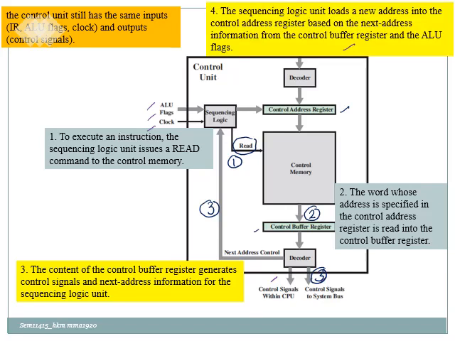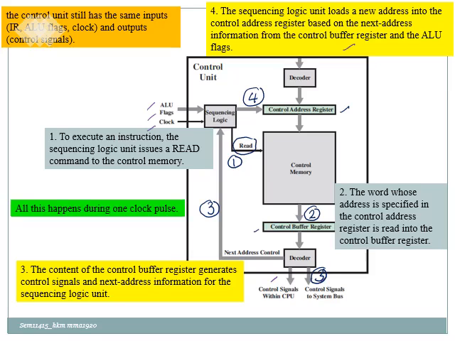And lastly, the sequencing logic unit loads a new address into the control address register based on the next address information from the control buffer register. So this is step 4. Bear in mind that all those happen during one clock pulse.